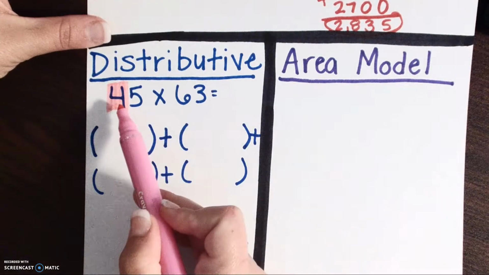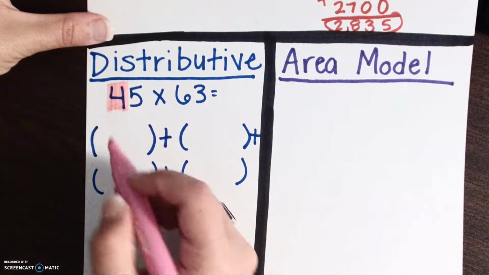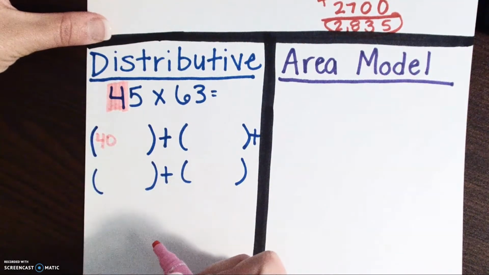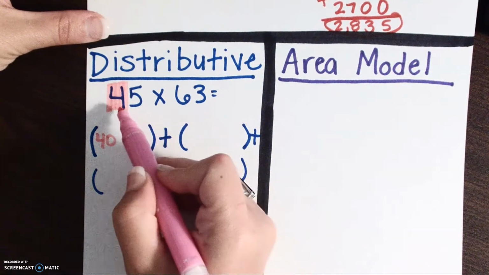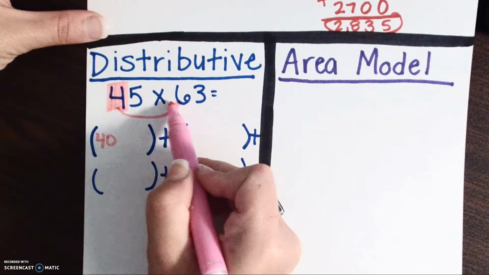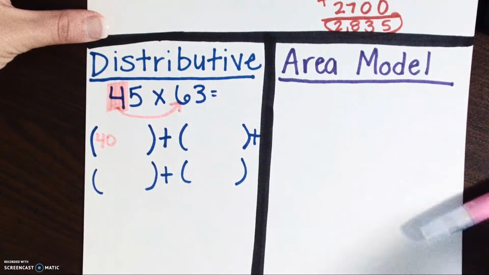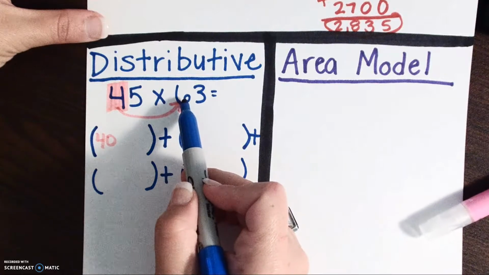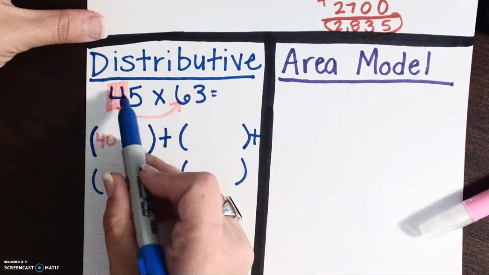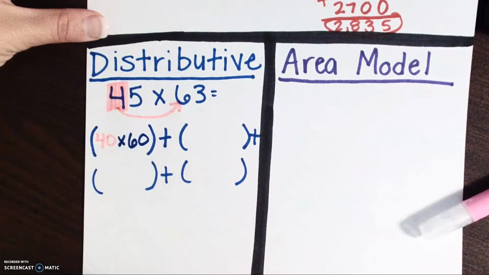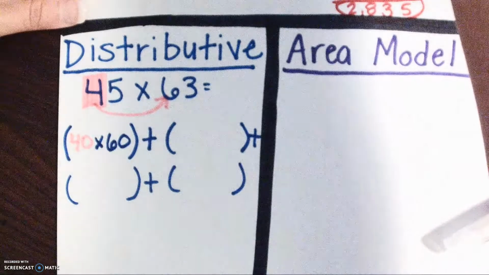My 4 is worth 40 because it's in the 10's place. So I'm going to write 40 there. And I'm taking that 4 to the first place over here. So my 6. Well, I know my 6 is in my 10's place, so it's worth 60. So I should have 40 times 60 in my first box. Okay, let's zoom in so you can see it a little better.